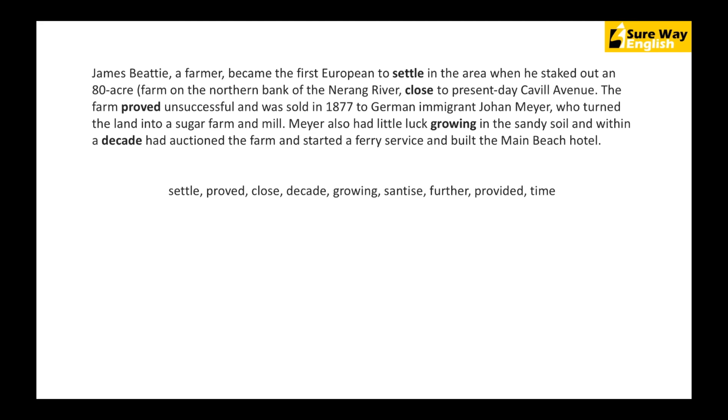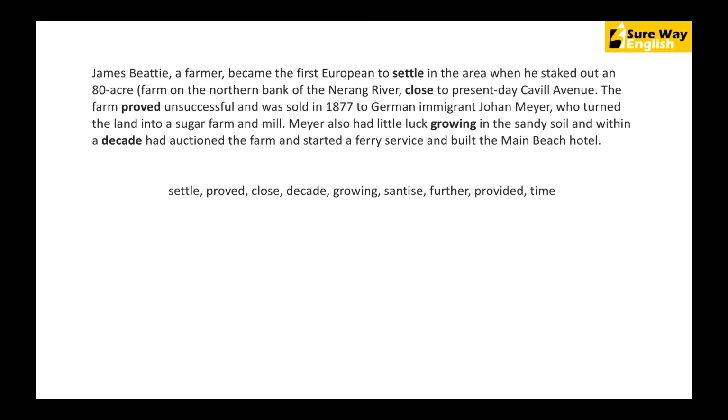After that, the next one, when he staked out an 80-acre farm on the northern bank of the Nerang River, dash to present-day Kewell Avenue. So the Nerang River, okay, it is something to present-day Kewell Avenue.